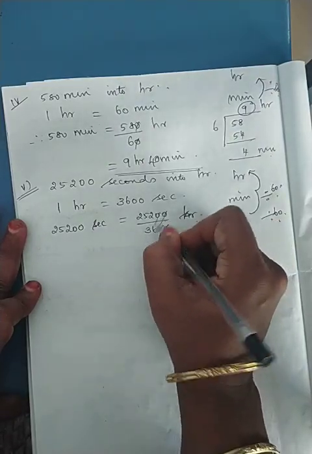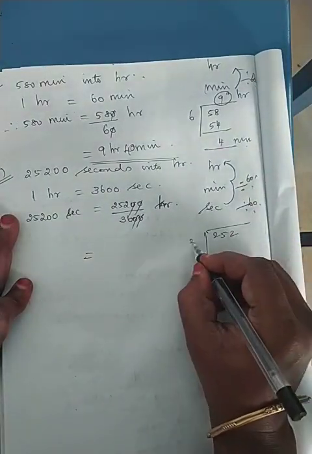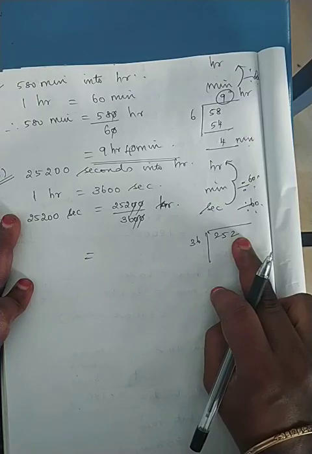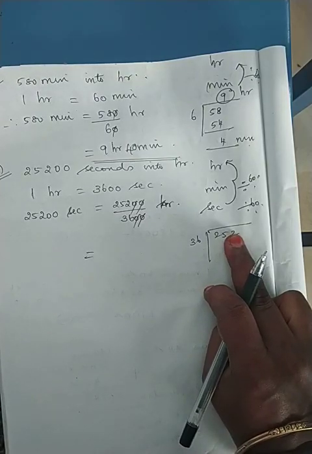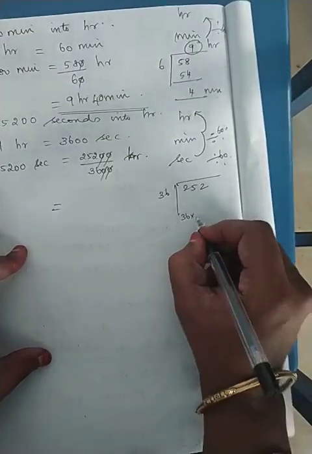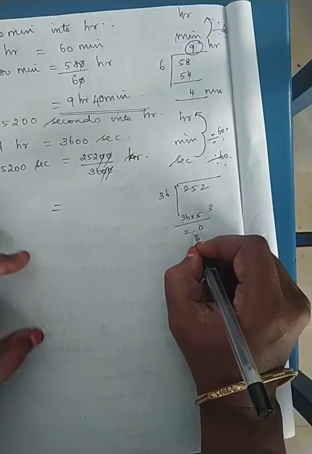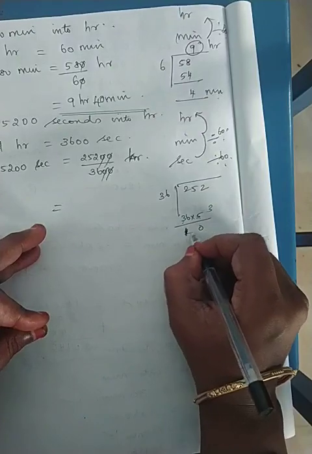So these two zeros will get cancelled. I can write 252 divided by 36. How many tables will it go? You have to divide by 36. So I can say multiply and see. 36 into 5 is 180.